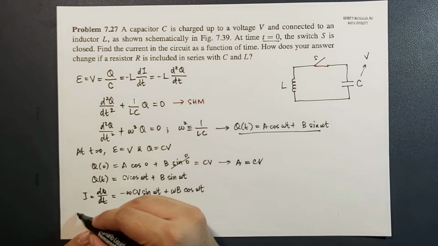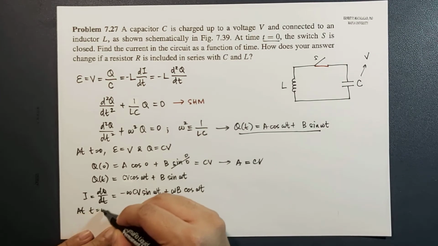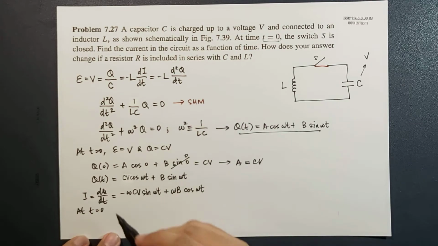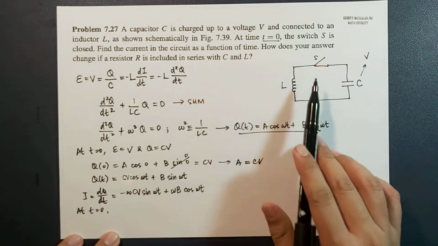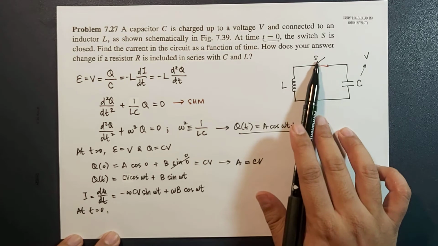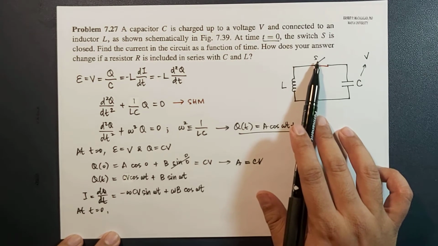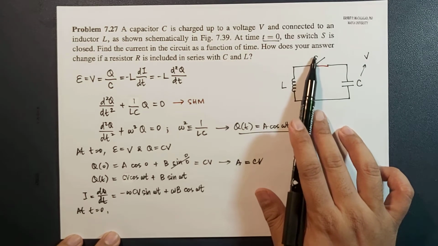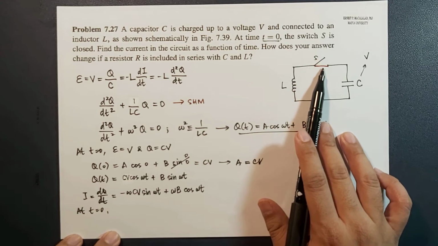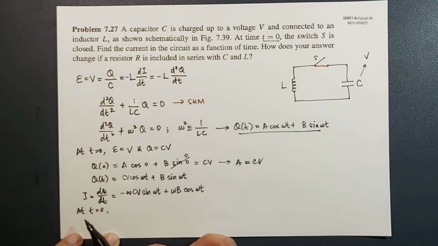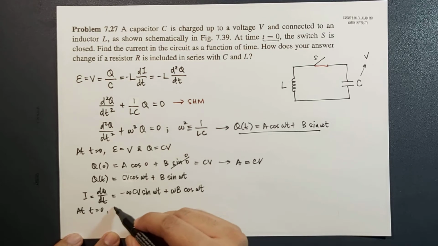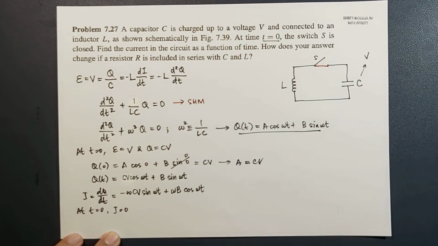Now let's apply another initial condition: because there is no current flowing when the switch is still open, upon closing the switch, at time equal to 0, there is still no current flowing through it.